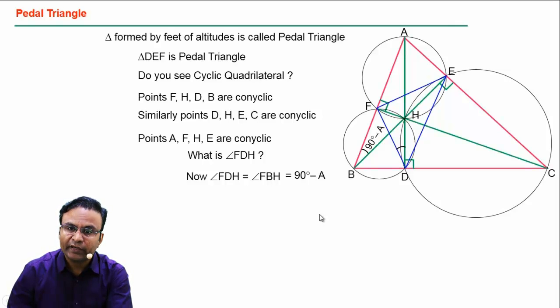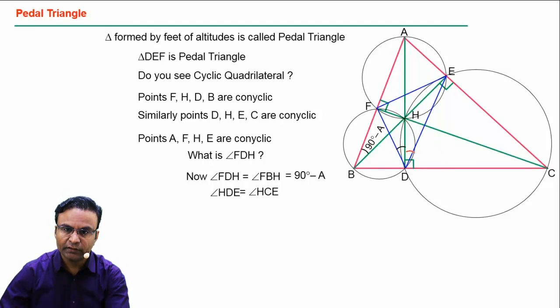Similarly, we can find other angles, say angle HDE. What is this angle? We can consider cyclic quadrilateral HDCE. Angle HDE is equal to angle HCE.